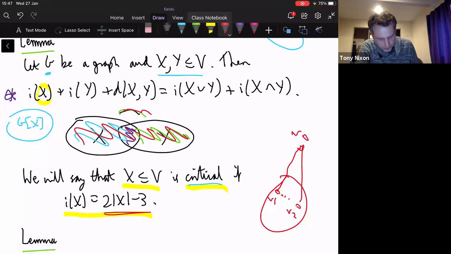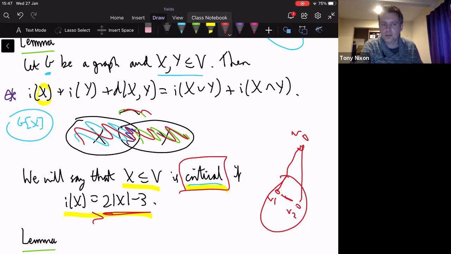Then because I achieved equality, when I add one more edge in, equality will become this way around, and I will violate the 2-free sparse condition. So they're critical, and what I mean is they're the sets that can prevent me from doing one of the reductions I want to do. These are the blockers to the combinatorics being really nice. These are the ones that mean you have to do a little bit of work to make it happen.